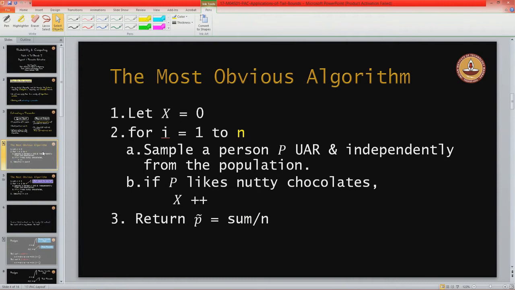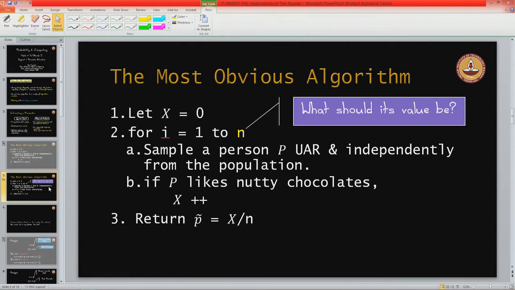If they like nutty chocolates, we are going to increment a counter, otherwise we do not. So then we estimate p, and denote that estimate by p tilde, as just simply x over n after we have iterated through some small n number of samples.